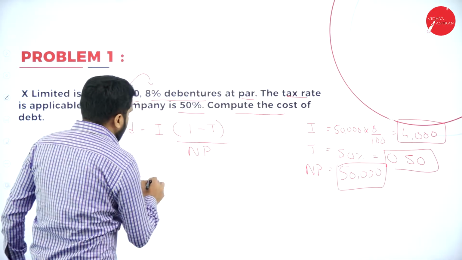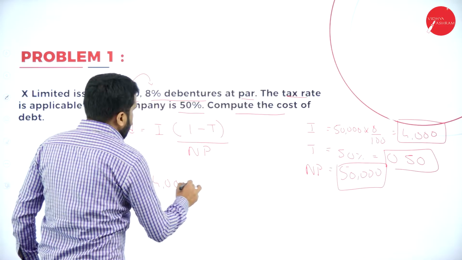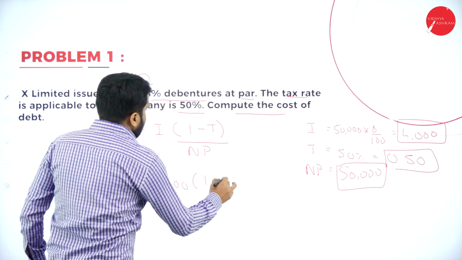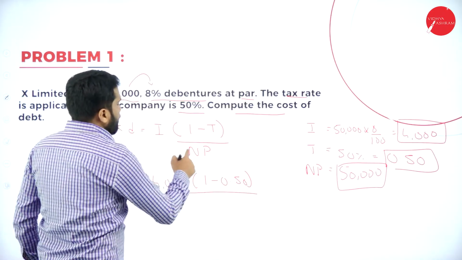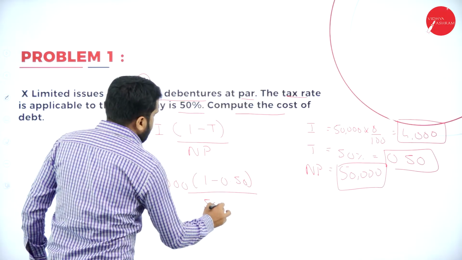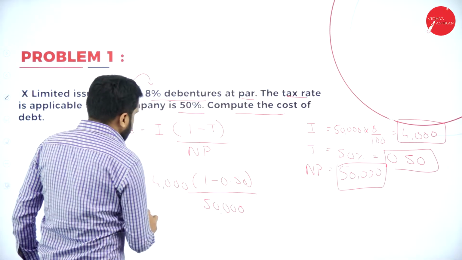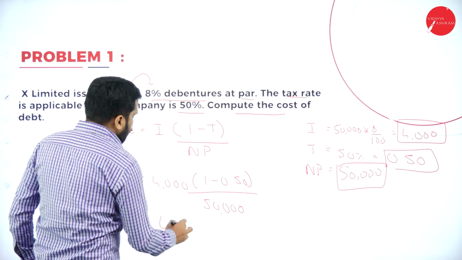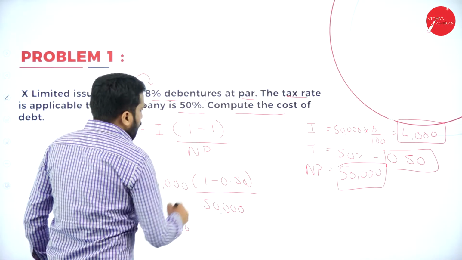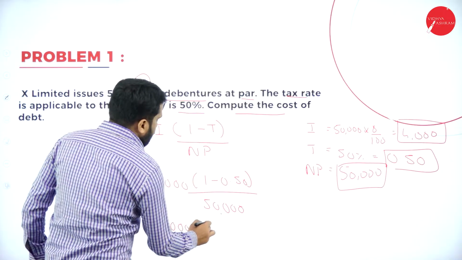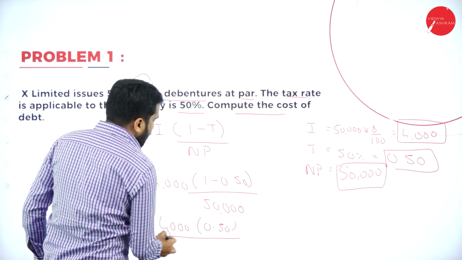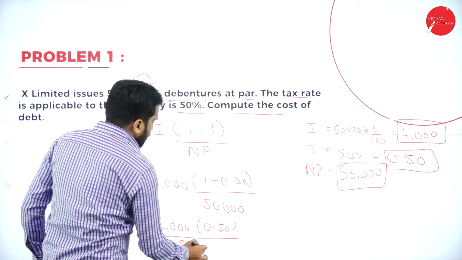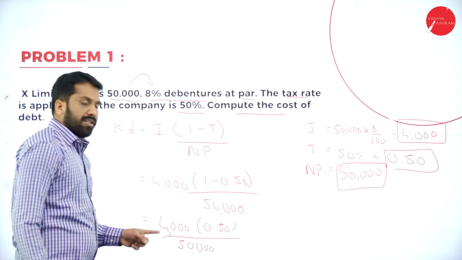Now, as per this, what happens? I is 4,000, 1 minus tax is 0.50, divided by NP, which is 50,000. Simplify this. This is 4,000 into 0.50 divided by 50,000. Before multiplying, you can divide.